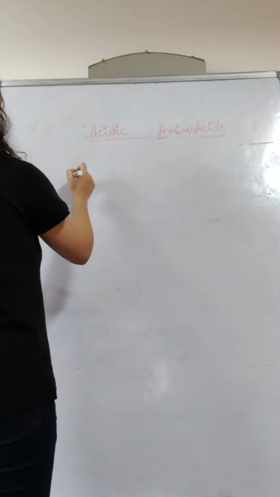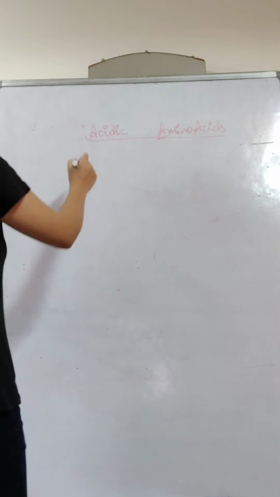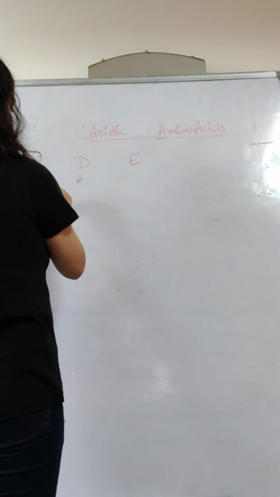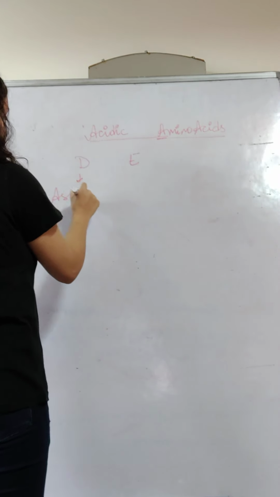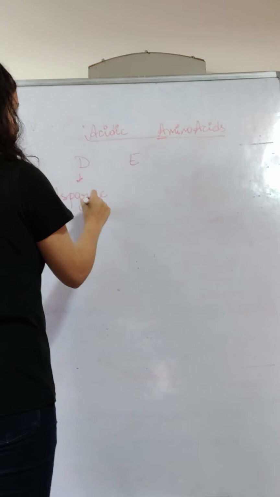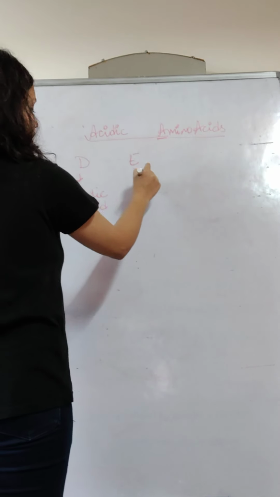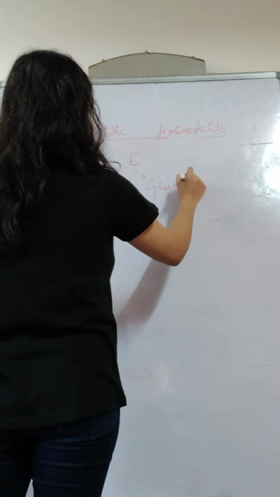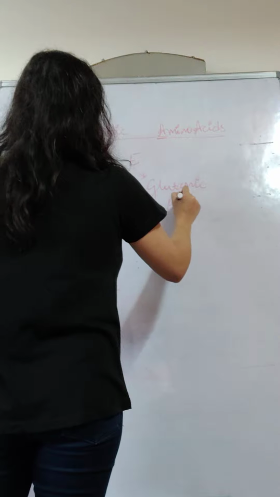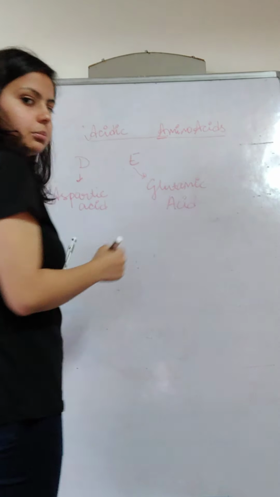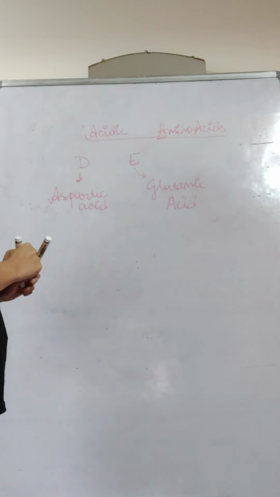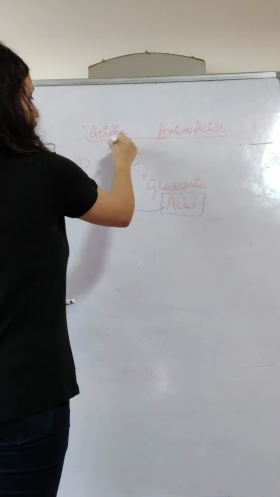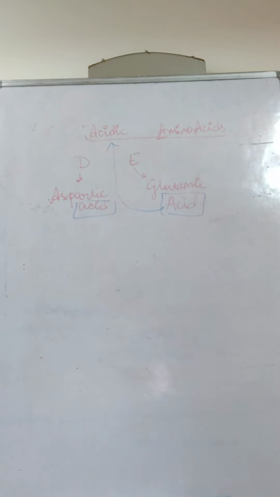What all are there? D and E. D was for aspartic acid and E is for, what is E? Glutamic acid. Okay. Here no mnemonic is required, just the word acid is enough for you to remember. These fall into the acidic amino acids.